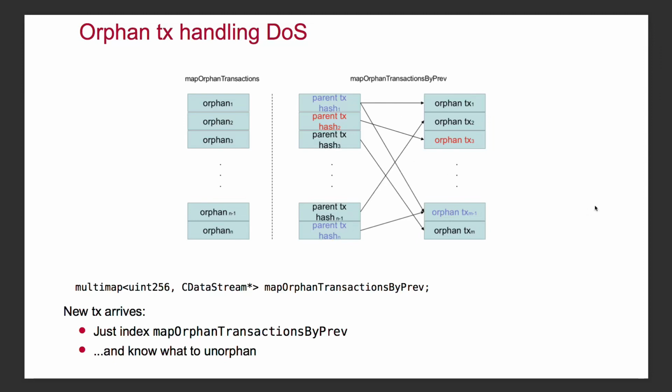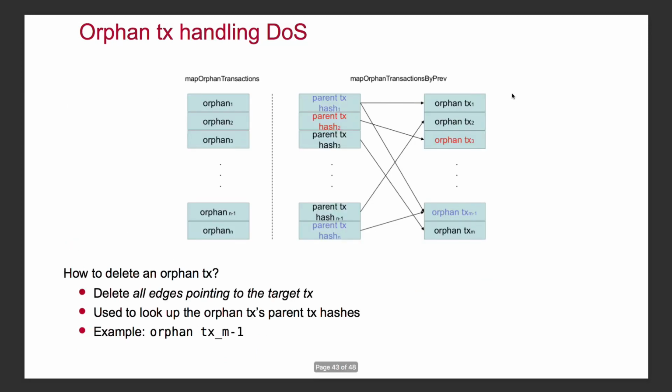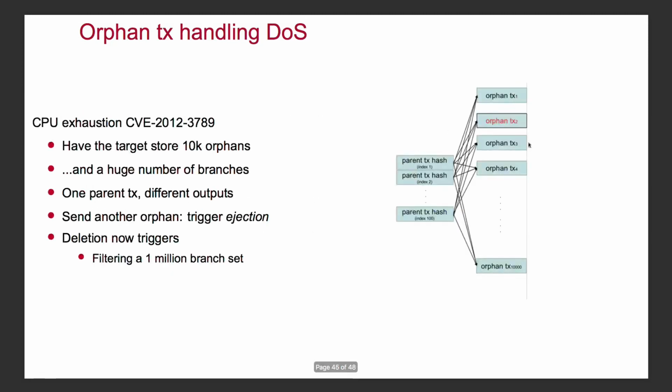You send a lot of transactions, which creates a weirdly formatted map, which looks basically like this. Then when the node needs to delete a transaction, which is also remotely triggerable, the node needs to go over 1 million edges to properly delete that transaction, and that yields a DoS.